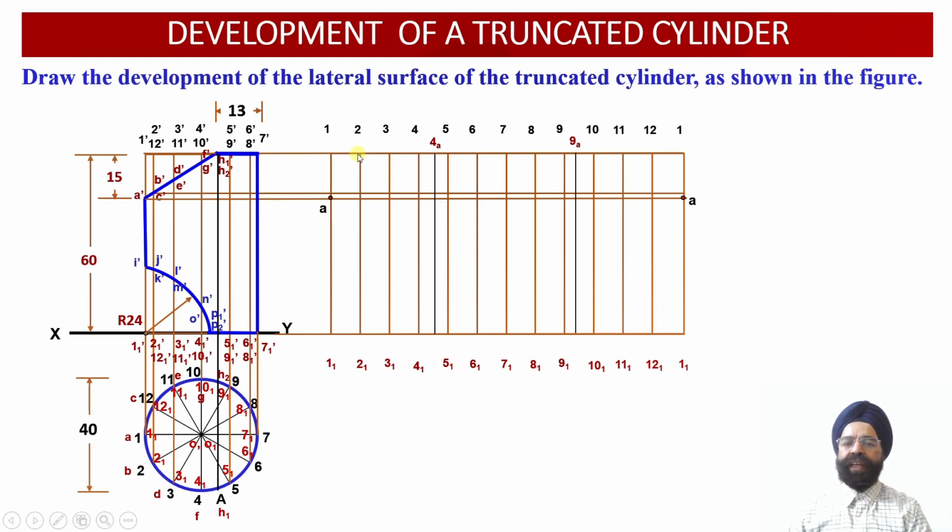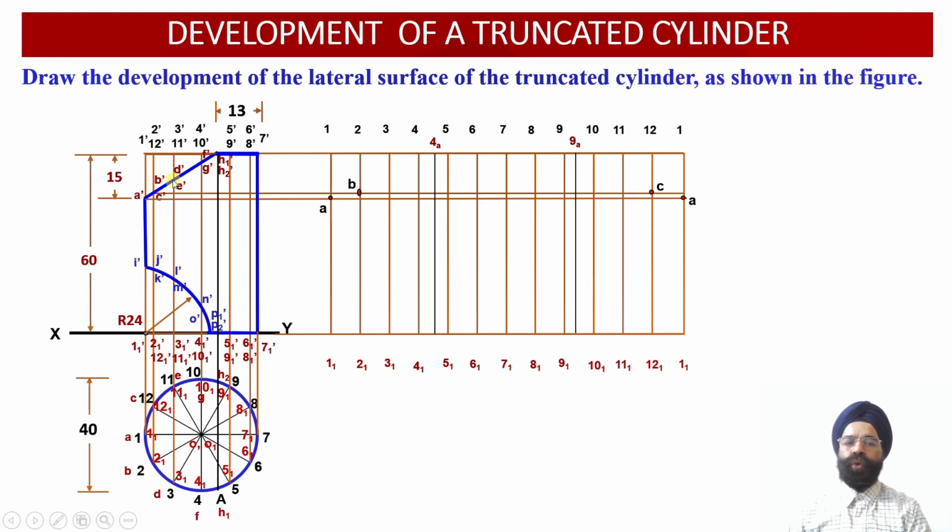So onto the vertical generator 2 2 1, this intersection point will be called B, whereas onto the vertical generator 12 12 1, this point of intersection will be labeled as point C over here, because point B lies on vertical generator 2 2 1 and point C happens to lie on the vertical generator 12 12 1 over here.